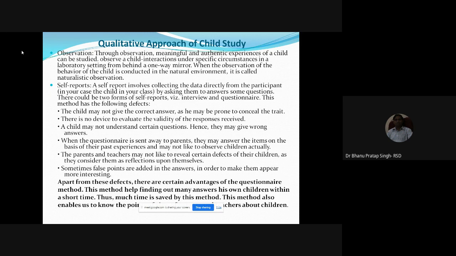One is observation. Through observation, meaningful and authentic experience of the child can be studied. Observe a child's interaction under specific circumstances.